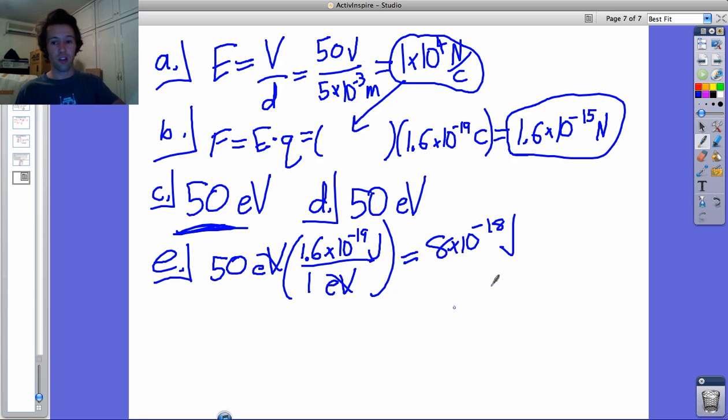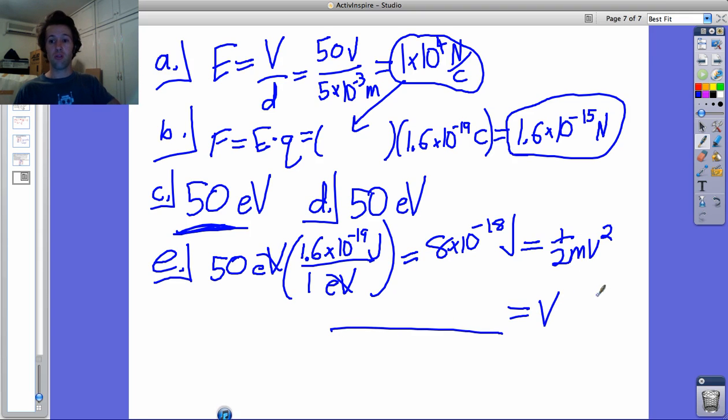Now you take that energy, that's going to be kinetic, and you set it equal to 1/2 mv squared, and then you solve for v. You fill in the mass of the electron as 9.11 times 10 to the negative 31 kilograms, solve for v, and you're golden.